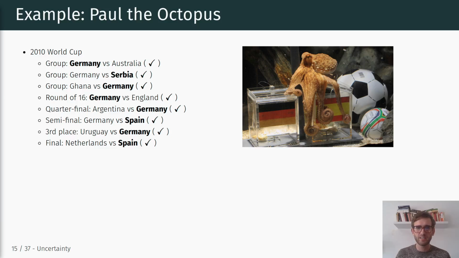And one famous prediction of these soccer matches that was actually widely reported, particularly in Germany, was Paul the octopus. Paul the octopus predicted the outcome of matches prior to the match by basically having two boxes with treats in his aquarium, and then depending on which treat he would go for, that would decide which team won the match.